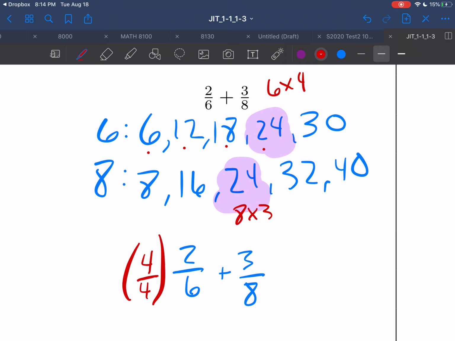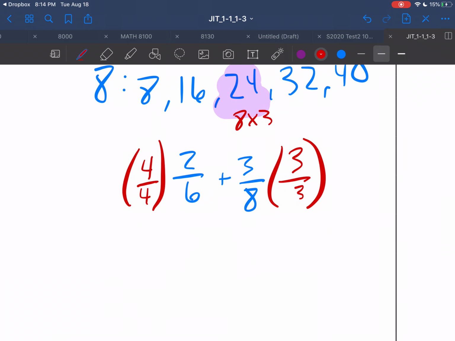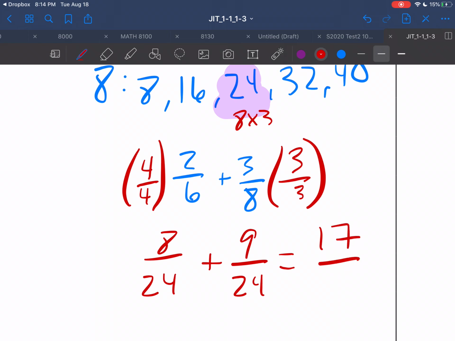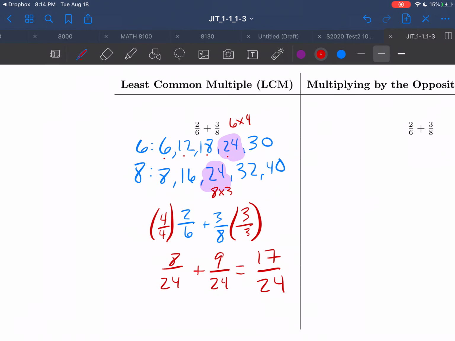So 3/8 we'd multiply by 3/3. Then that gives us 8/24 plus 9/24, which we can then add: 8 plus 9 is 17/24. Okay, so that's using the least common multiple.